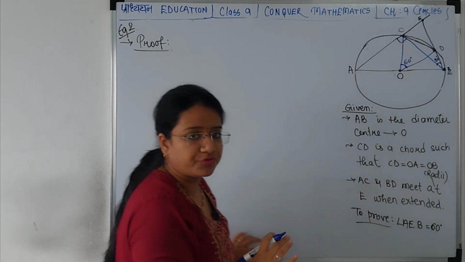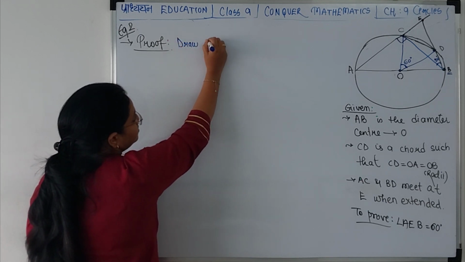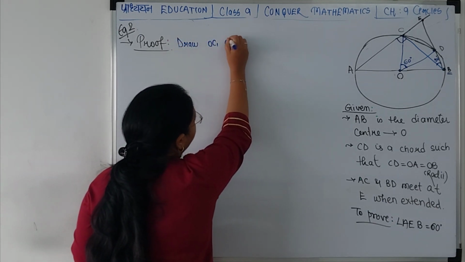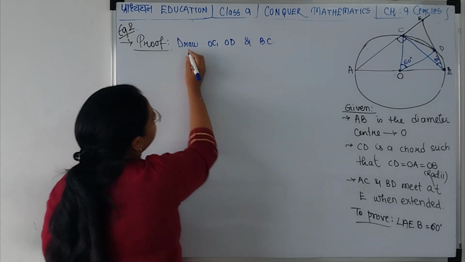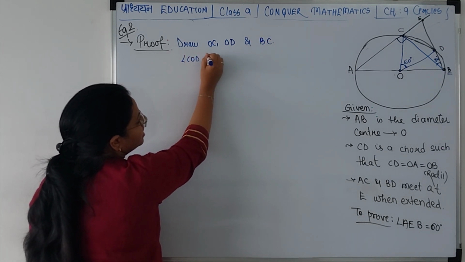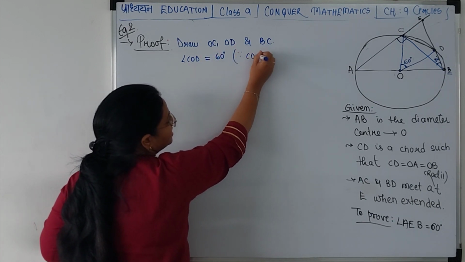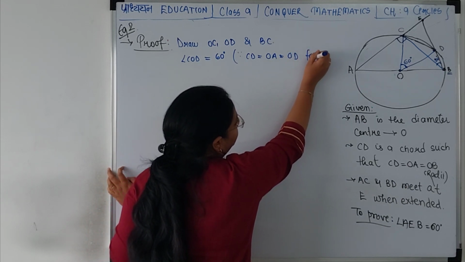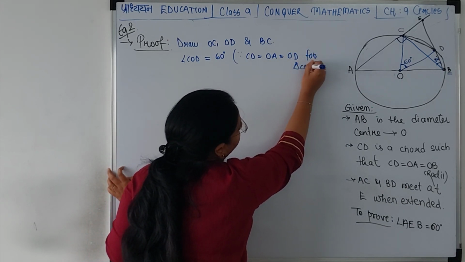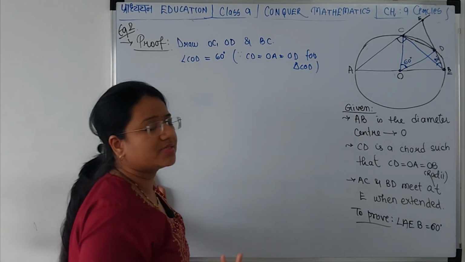Let's write this down first. We will begin by saying draw OC, OD and BC. Okay, firstly. Then we will say angle COD is equal to 60 degrees. Why? Because CD is equal to OA is equal to OD for triangle COD. You don't need to prove that an equilateral triangle has 60 degree angles.